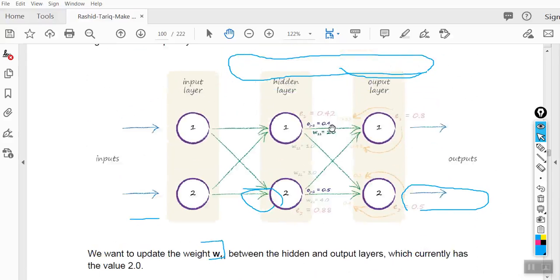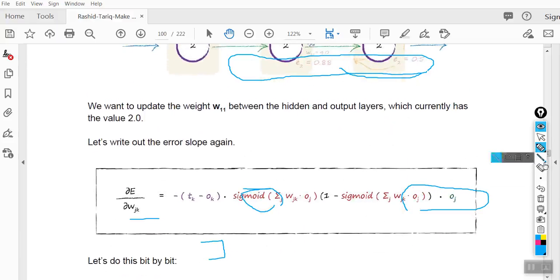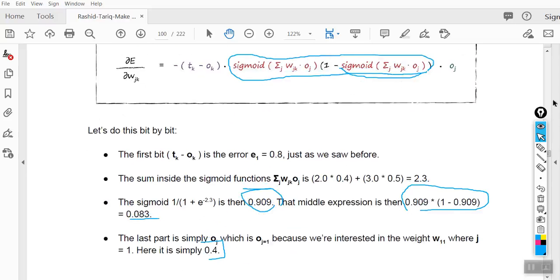Why? Because we said that this blue one is related to the next layer, and this is related to the previous layer.